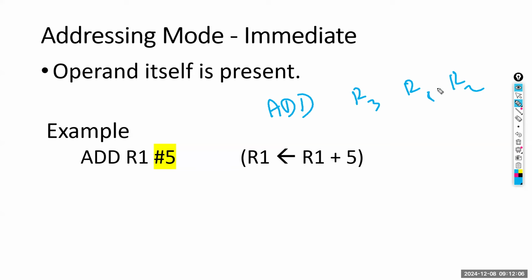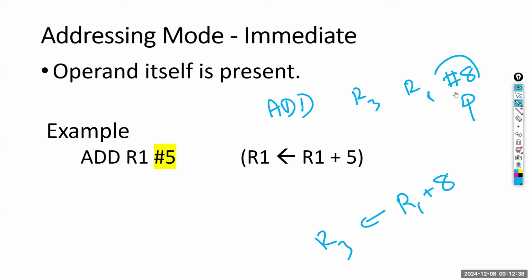So that means add the value in register 1 to the value 8, and put it into the register. So this is not a register or memory address, this is the value. Therefore, this is called immediate addressing mode. Or we say that for the third operand, we use immediate addressing mode.